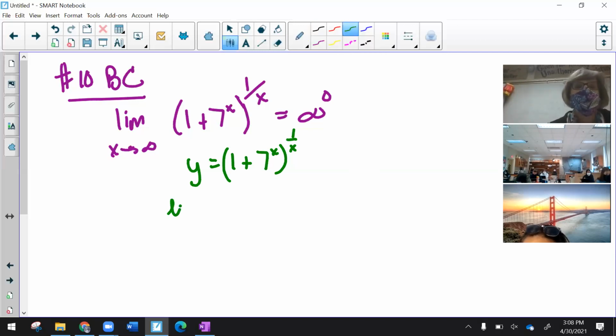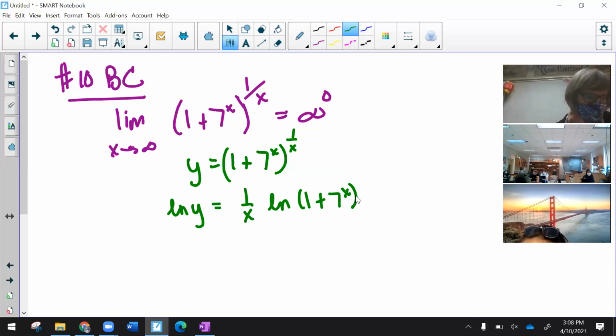Then I'm going to take the natural log of both sides. So I have the natural log of y is equal to 1/x times the natural log of 1 plus 7 to the x, or the natural log of (1 plus 7 to the x) over x.